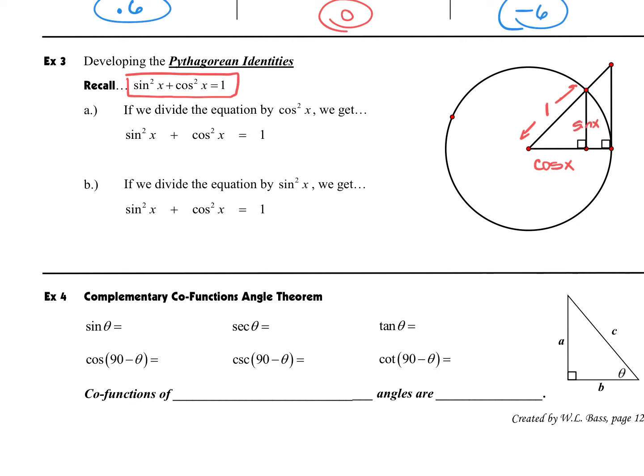And of course, if you did the Pythagorean theorem on this triangle, you would have sine squared plus cosine squared equals 1 squared, and that's just 1. So that takes care of our first one.